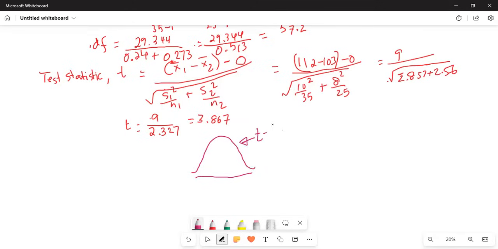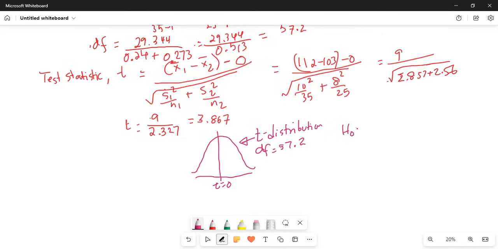Do not quit. I have some surprise for you at the end. So the t distribution is centered at t equal to 0. My degrees of freedom is 57.2, which I calculated before. And this is a right tail test. Why?